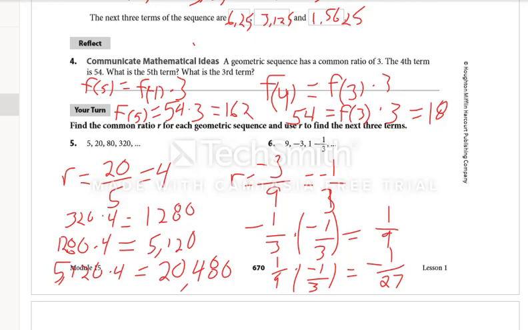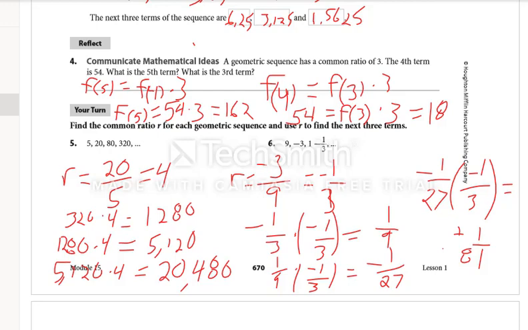And negative 1 over 27 times negative 1 over 3 is positive 1 over 81. In this one, when our common ratio is negative, our numbers are going to alternate between negative and positive.